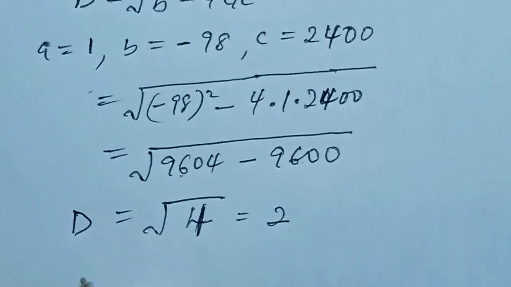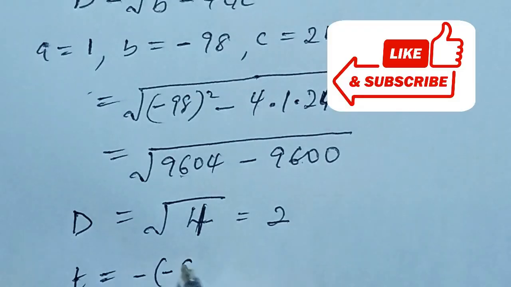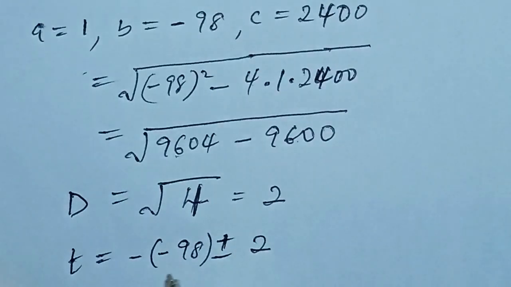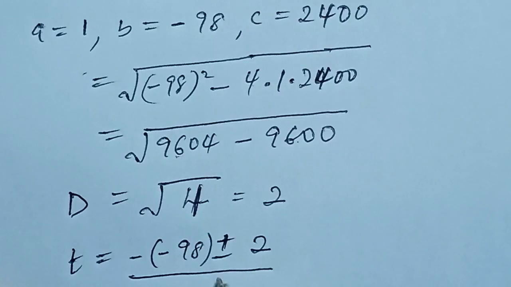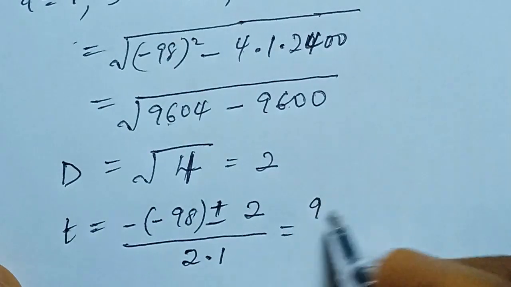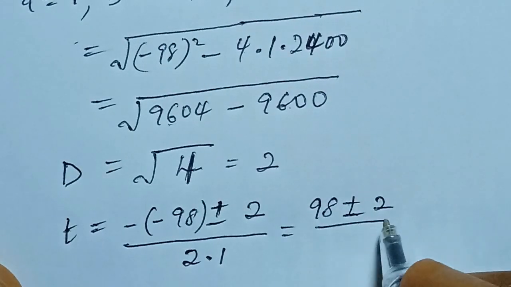To now find the value of t, we have t will be equal to minus, open the bracket, minus 98, close the bracket, plus or minus 2, and that will be over 2 multiplied by 1. And this is equal to 98 plus or minus 2 over 2.